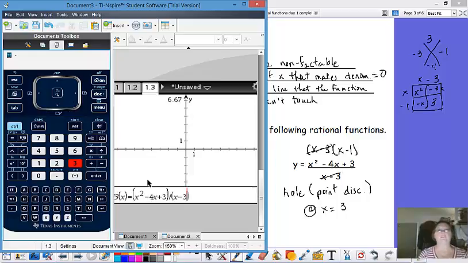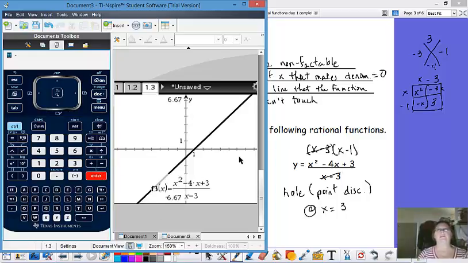All right, let's take a look at that graph. Aha, it looks just like a line. That's what's left over after you factor out that x minus 3 in both places. The line is x minus 1, and you can see that. It is an increasing line with a slope of 1 that goes through the axis at 1.